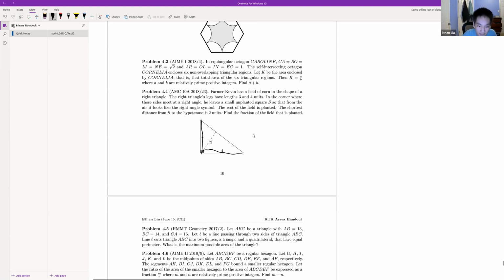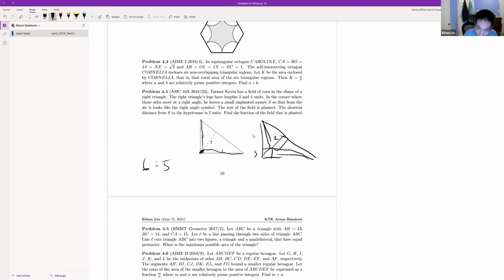So let's dissect the area into a few pieces. I'll do the whole problem. We dissect the area into 3 pieces, right? So there's a square, there's a triangle, and there's a distance, right? This is 2. Let the side length of the little square be S. Then the area of this whole triangle is 6, and this small triangle has area 5, right?